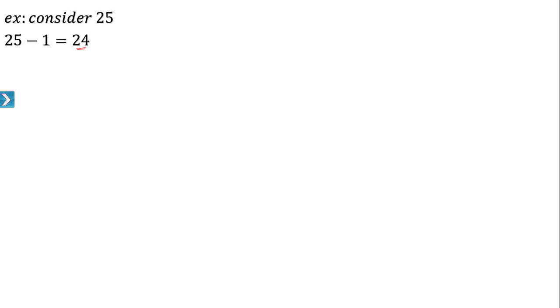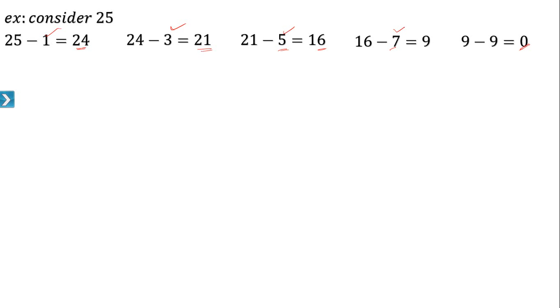Now from 24 subtract the next odd number, 3, that is 21. Now the next odd number, 21 minus 5, that is 16. Now from 16 subtract the next odd number, 7. That is equal to 9. The next odd number is 9, so subtract 9 from 9, and we get 0.